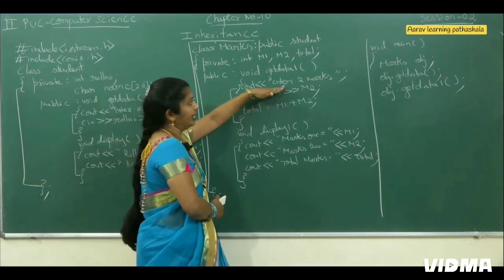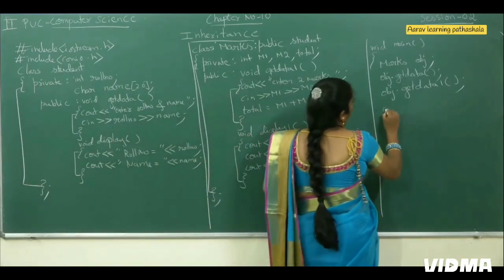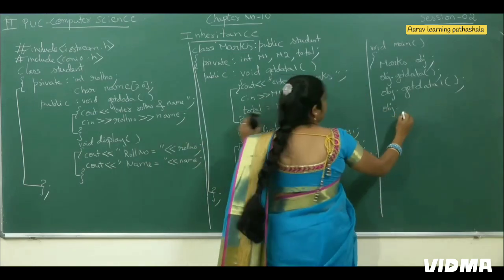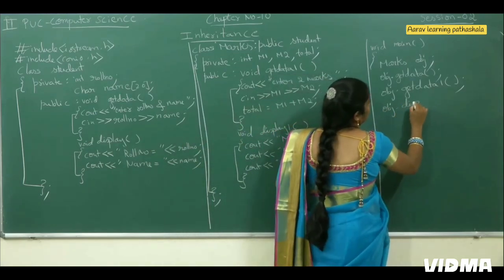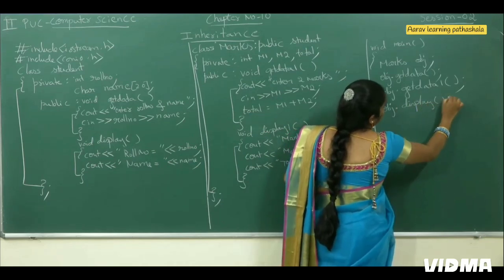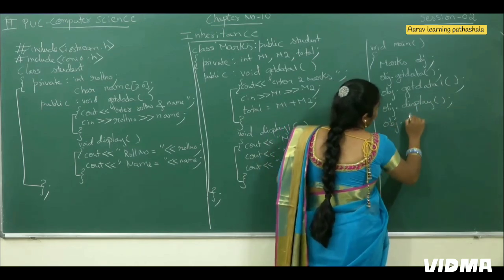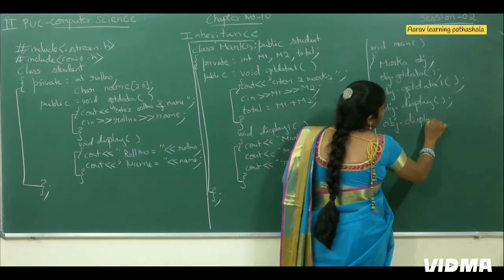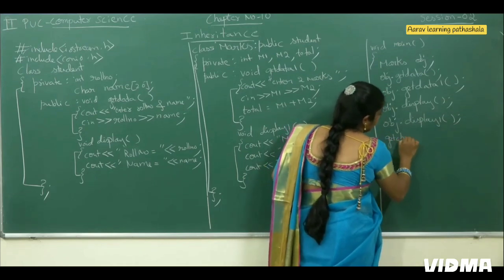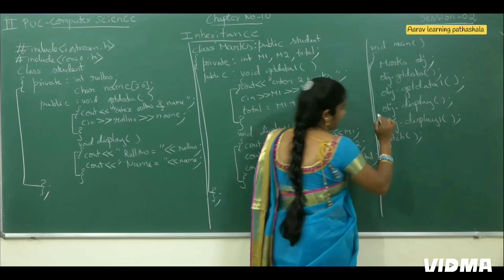Then next you get enter 2 marks, marks 1 and marks 2, you can input. Then object dot display function, to display the value. Next call object dot display 1 function. Next getch, and close the main program which you opened.